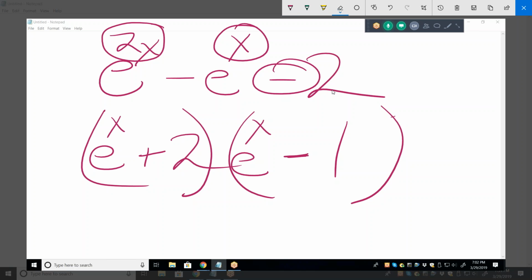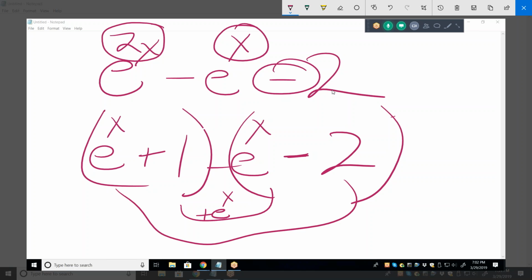So let's factor it the other way. Let's swap them. Put the 1 on the left, the 2 on the right. Now you'll notice that gives me a plus e to the x. This gives me a minus 2 e to the x. Add those two together, you get minus e to the x. So that's the middle term.